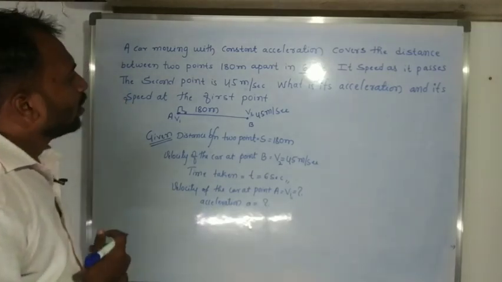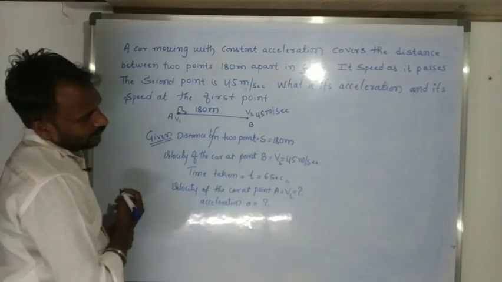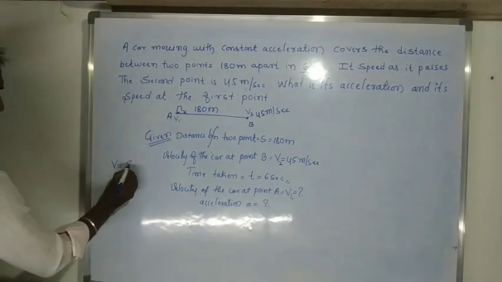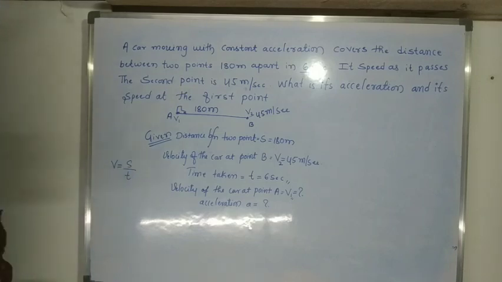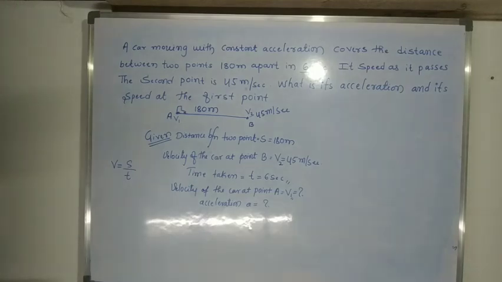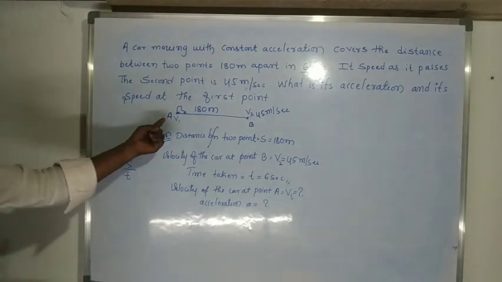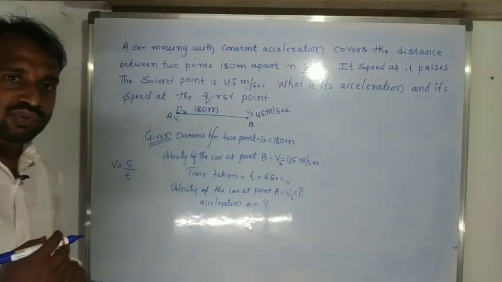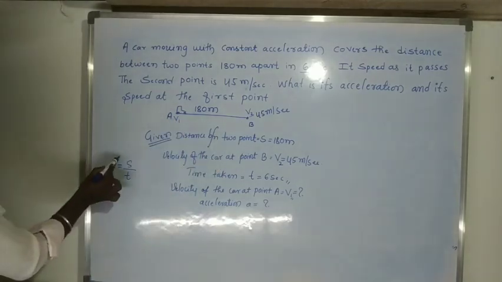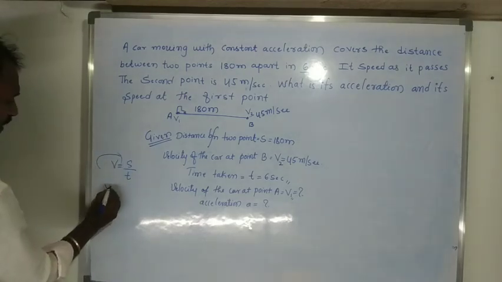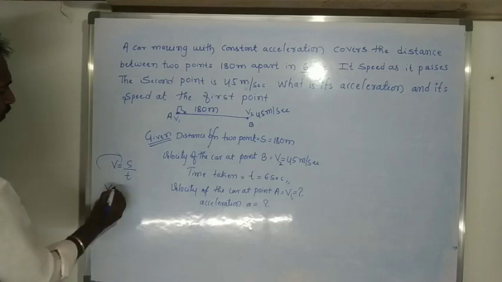Here we consider the formula: velocity is equal to displacement by time. This velocity has the first point velocity v1 and the second point velocity v2, so here we consider the average velocity, v1 plus v2 divided by 2.